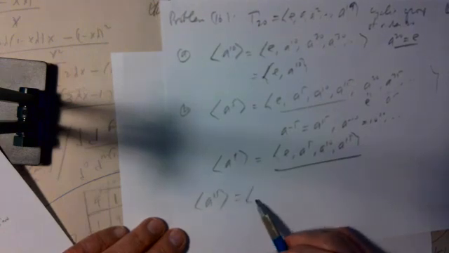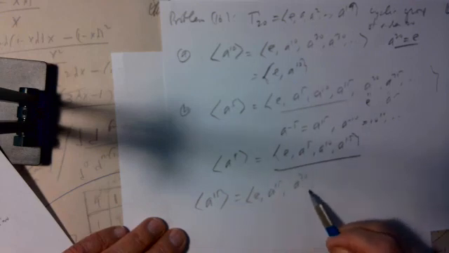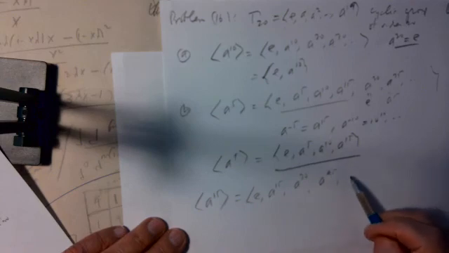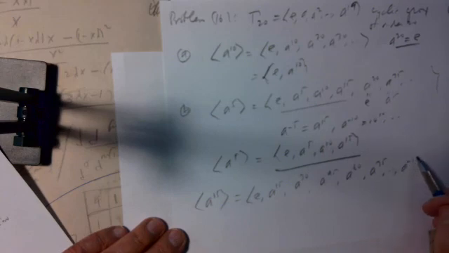What about the subgroup generated by a to the 15th? So we have a to the 15th, a to the 30th, a to the 45th, a to the 60th, a to the 75th, and so forth, and a to the minus 15, a to the minus 30. But again, a to the 20 is equal to the identity.